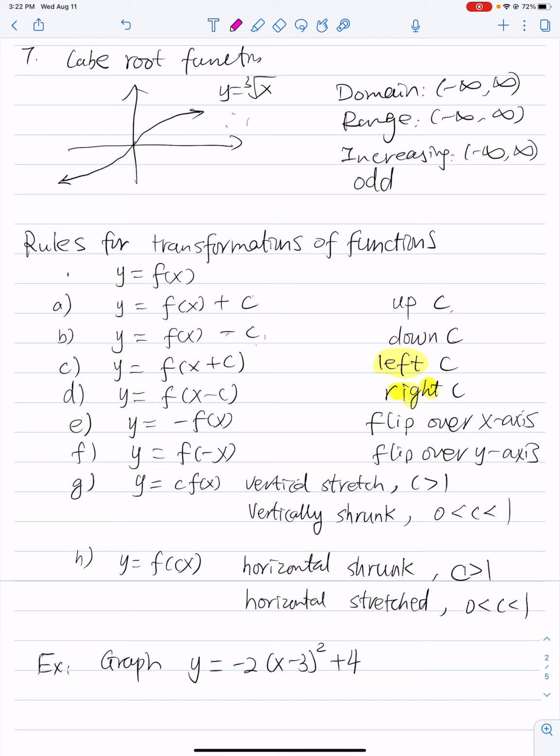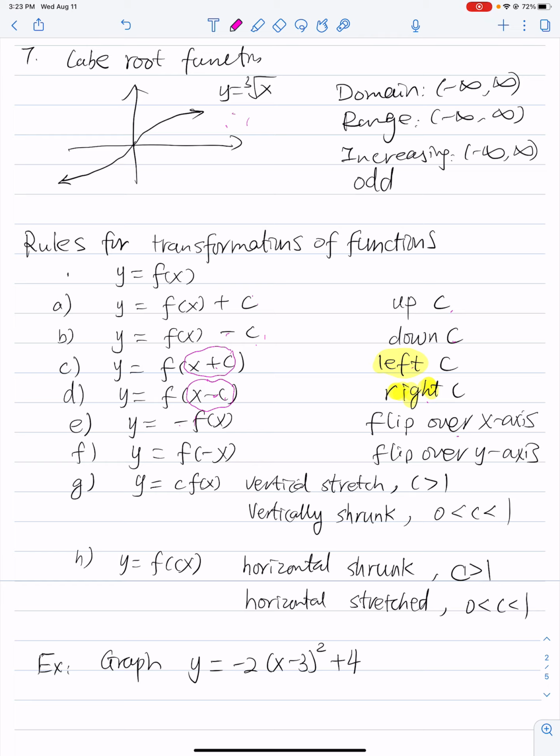But if you add or subtract a number strictly with x, add means what? Left. Subtract means what? Right. So up-down is okay, but left-right is against common sense. Be careful. And when you have the negative sign before f(x), that's flip over the x-axis.